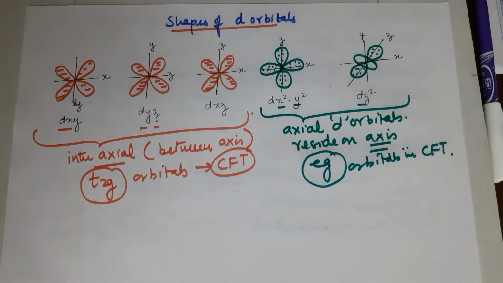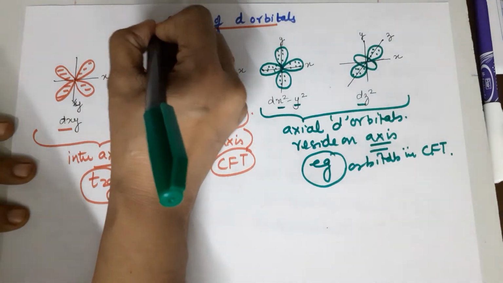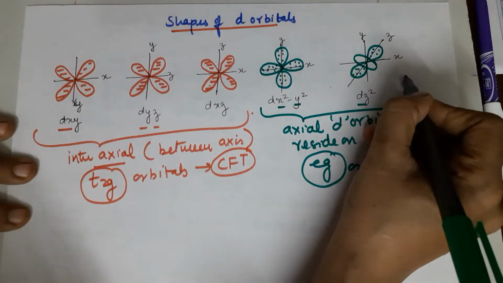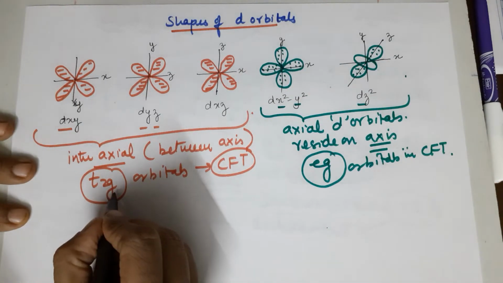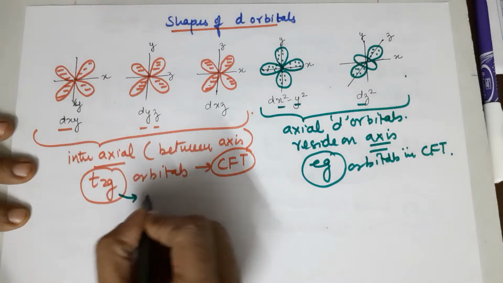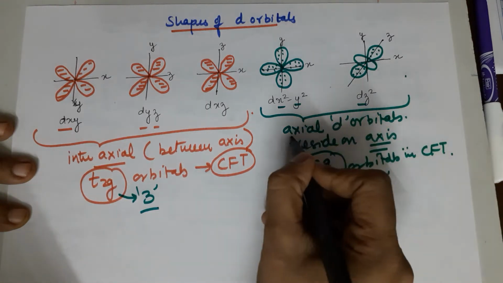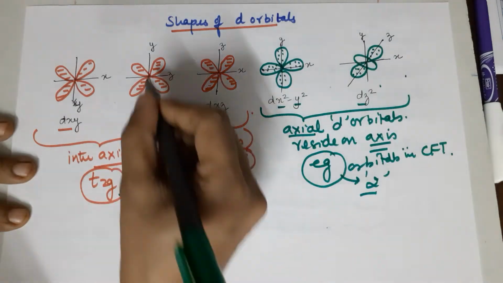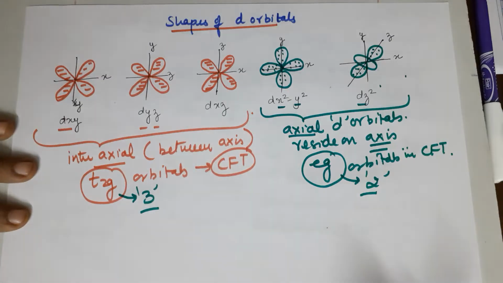This should be understood to you. From now onwards, your shapes of the 5 d orbitals are like this, out of which now you need to know they are classified separately. T2g are 3 orbitals and Eg are 2 orbitals. Which are on the axis are called Eg, and which are in between the axis, as you can see, they are called as the T2g orbitals.